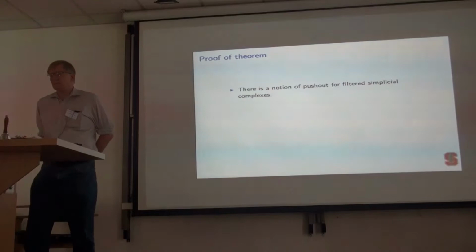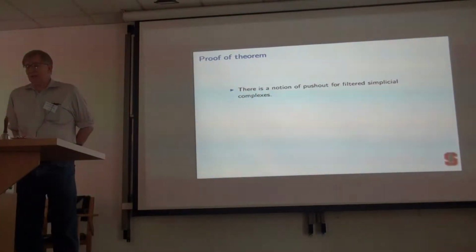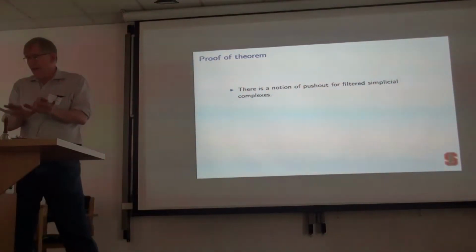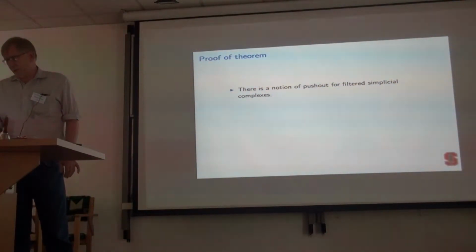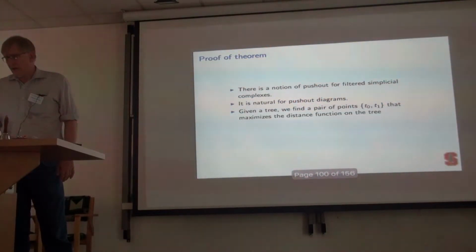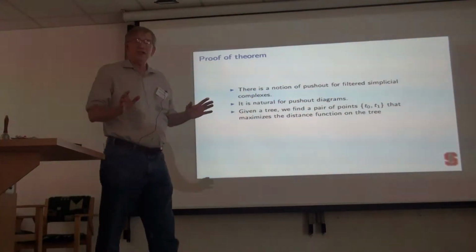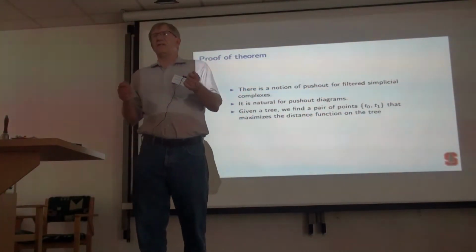Okay. So let's notice that, of course, for simplicial complexes and even persistent ones, there's a notion of pushout. So let's try to do an induction on the number of vertices in the tree.